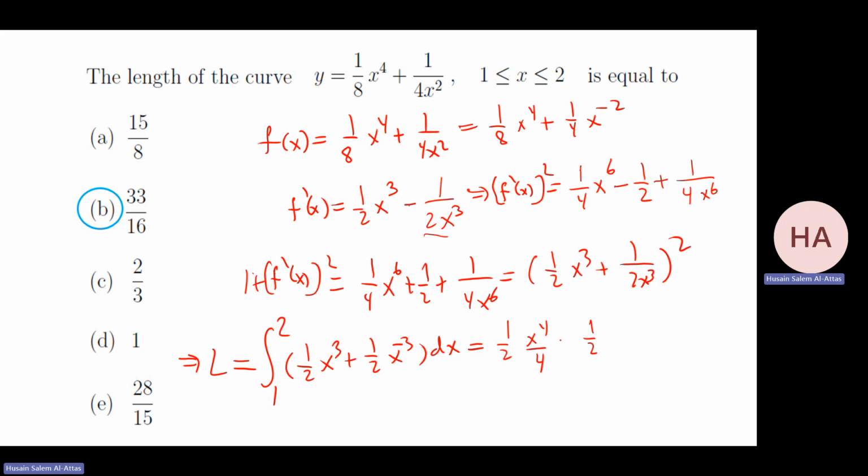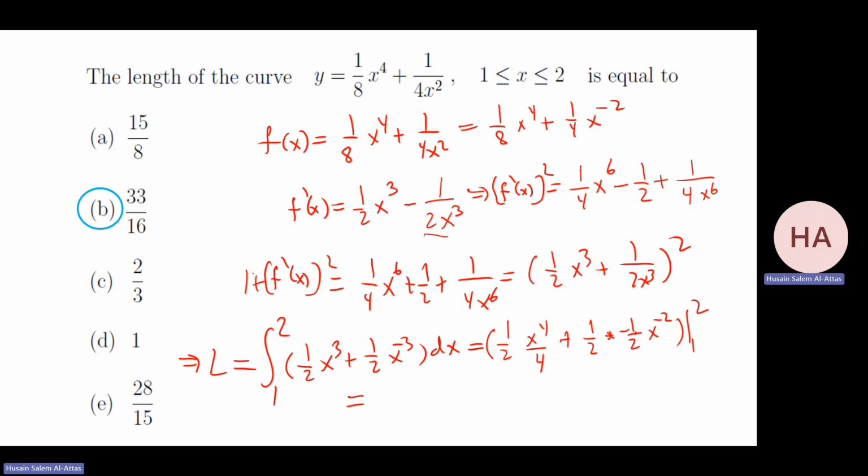I add 1 times minus half, x to the power minus 2. Okay, if we do this, you have x to the power minus 3. Now it's correct. From 1 to 2.